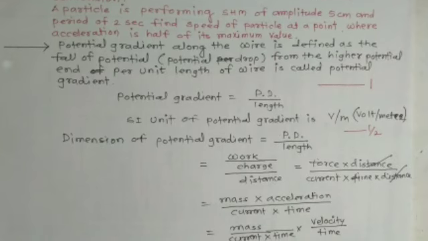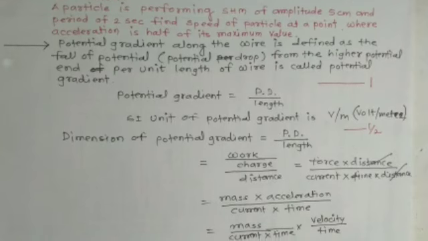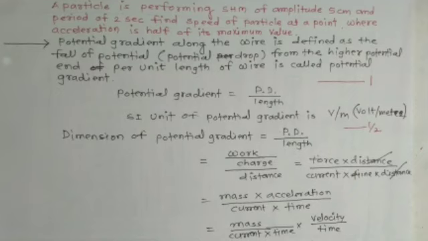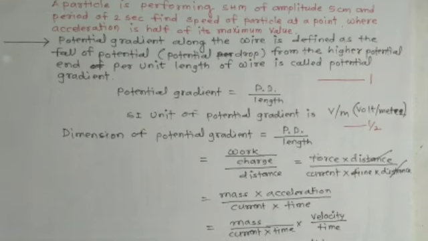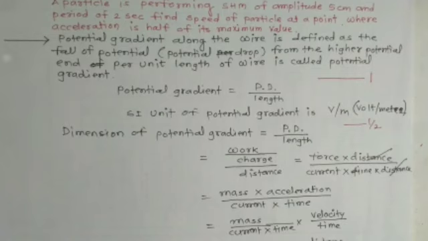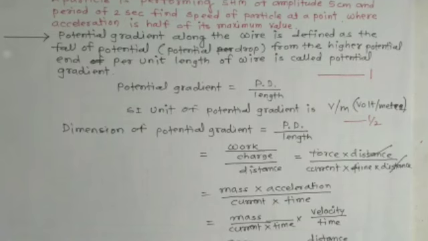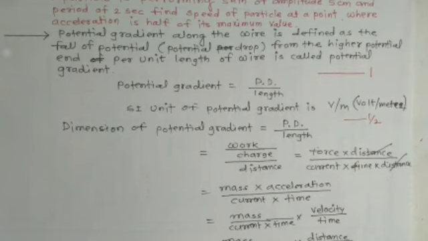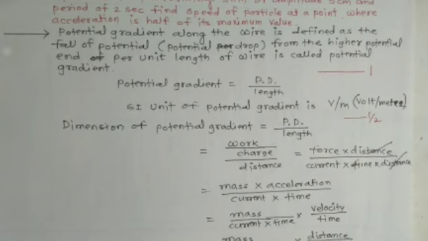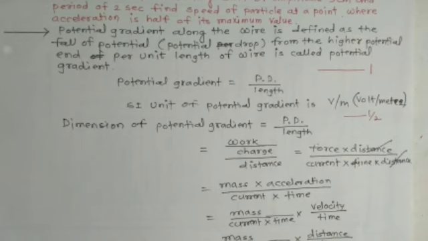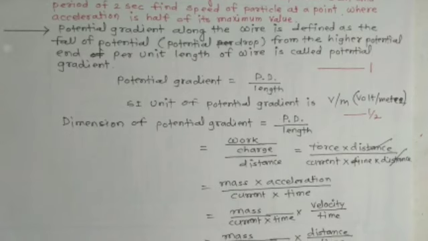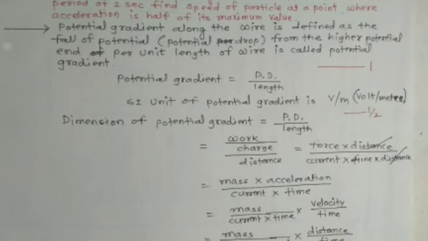So the answer for the above question will be: potential gradient along the wire is defined as the fall of potential, in bracket potential drop from the higher potential end, per unit length of wire is called potential gradient.